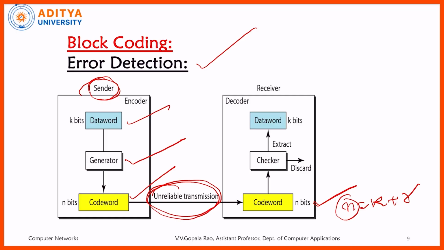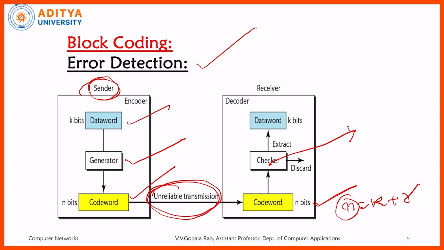I hope you are clear. Now the code word is received by the receiver and passed to a mechanism called the checker. The actual process in the checker is to identify whether any mismatch has taken place or not. That will be identified by the checker procedure.